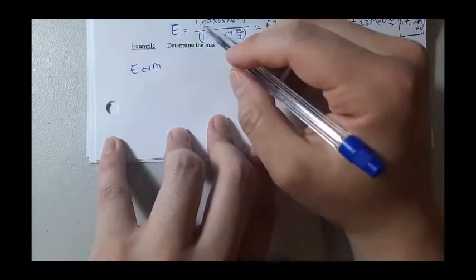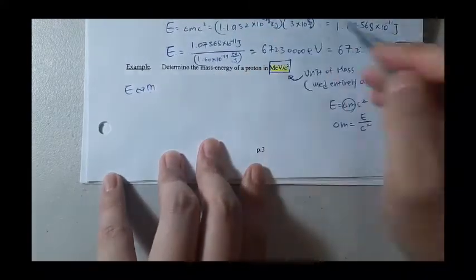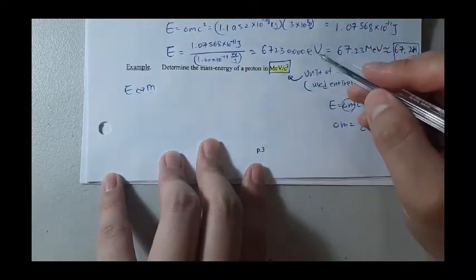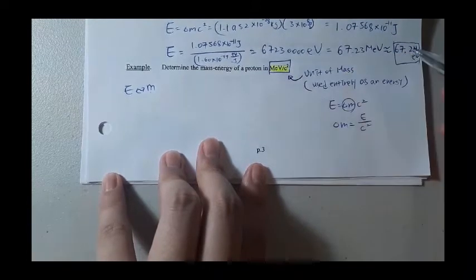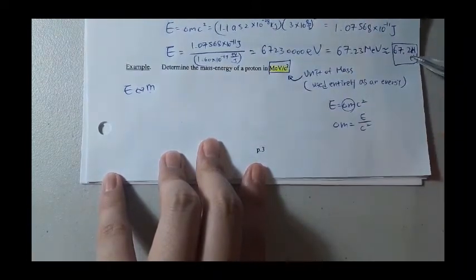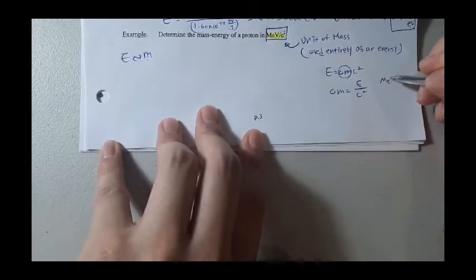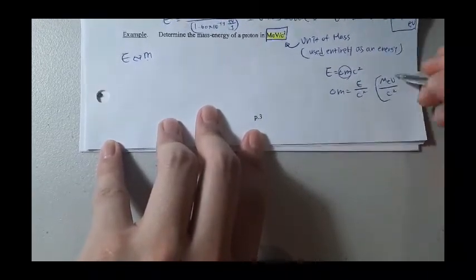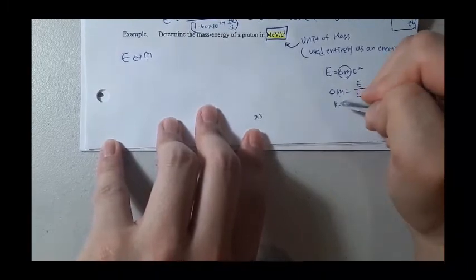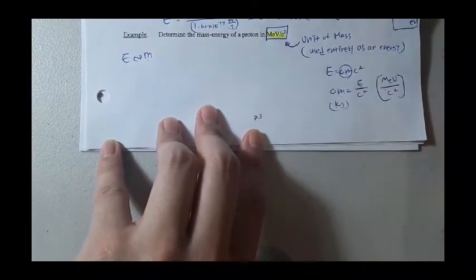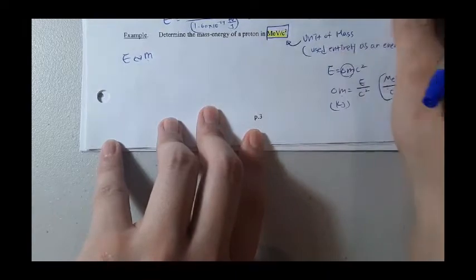In the previous question, if you look at it, energy, yes, it's joule, but we can change it into eV, but that's a lot of energy, so we could convert it into mega electronvolt, right? So if you look at the unit, MeV/c squared, you may notice that that is equivalent to my mass in kilograms. So determine the mass energy of a proton.